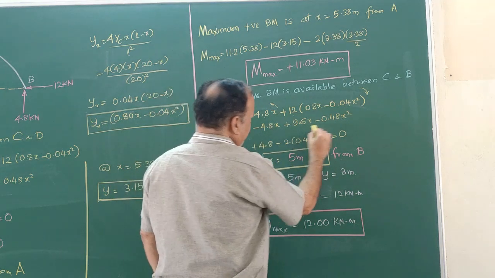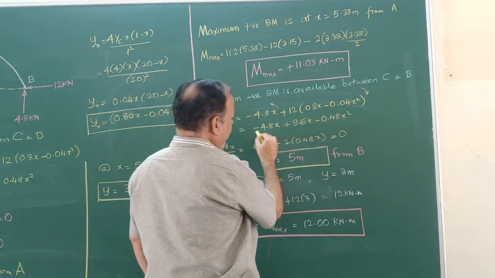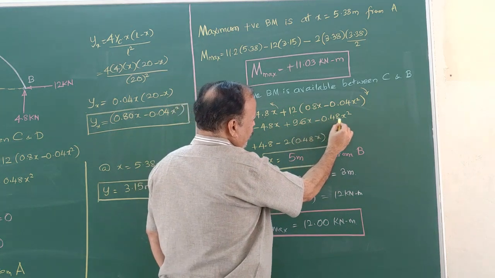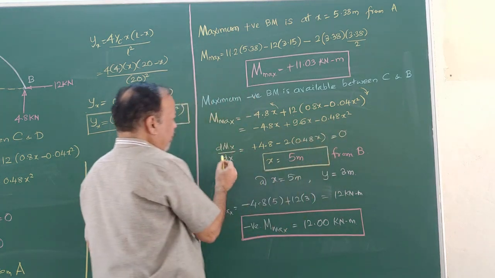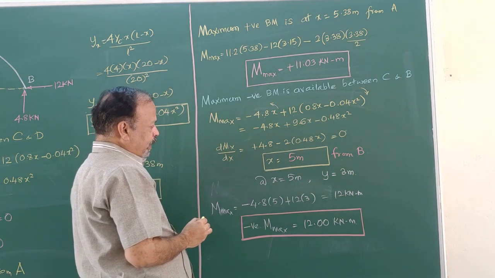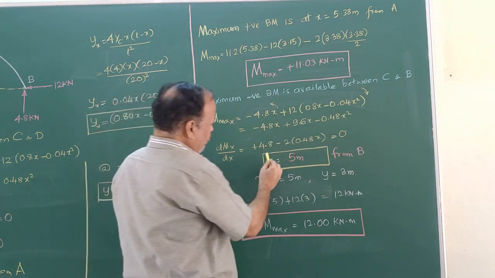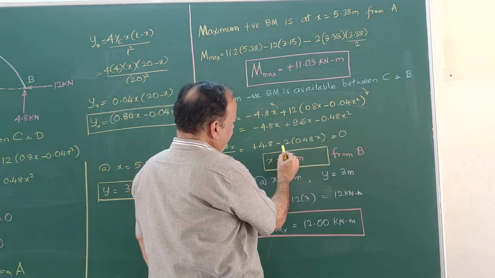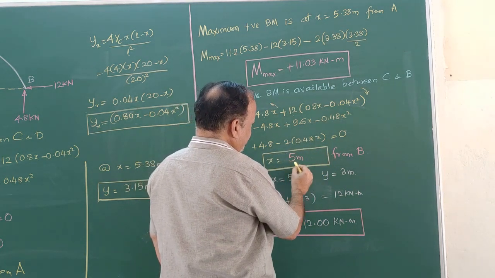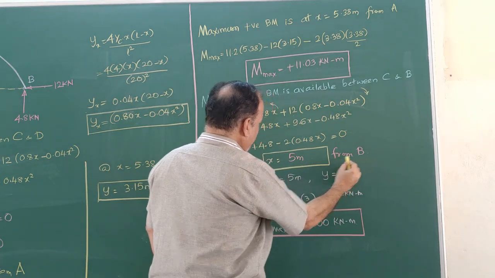So this is the moment equation, that is 4.8x plus 9.6x minus 0.48 x square. For bending moment to be maximum, its differentiation with respect to x should be equal to 0. So we have 4.8 minus 2 into 0.48 x equal to 0. From that, x equal to 5 meters from B.